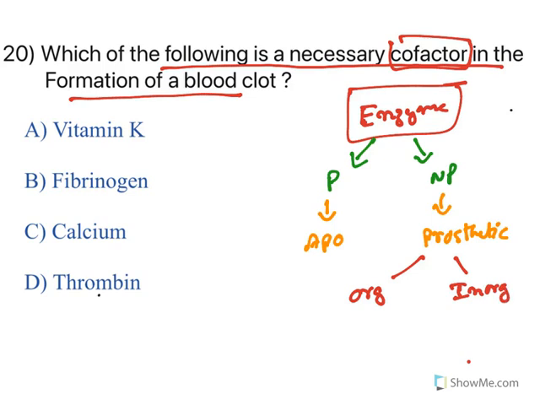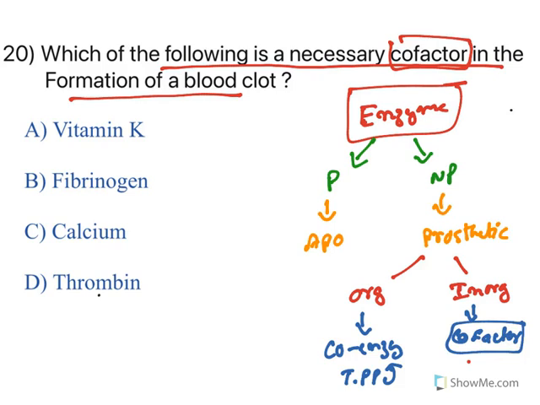The organic part is known as coenzyme. For most of our enzymes, B vitamin complex acts as coenzyme, like thiamine pyrophosphate is a coenzyme. NAD, FMN, all of them are coenzyme parts. Whereas cofactors are inorganic molecules like calcium, magnesium, selenium, and so on. So in the case of a blood clot, the cofactor is calcium. So the right answer is C.